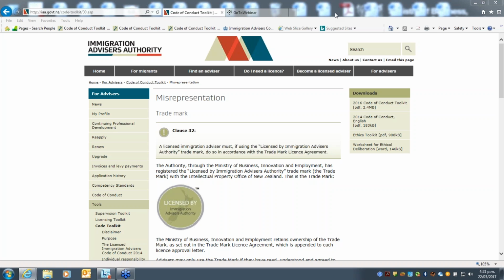Hi, sorry, I've actually got more information regarding that question. This is where the client has entered into a written agreement with the licensed advisor. The advisor has done some work and advised the client that they don't actually meet Immigration New Zealand criteria for residence. The client then requested the return of documents, which has not been done. The client has not responded to the advisor sending withdrawal of agreement. What does the advisor do in this case?